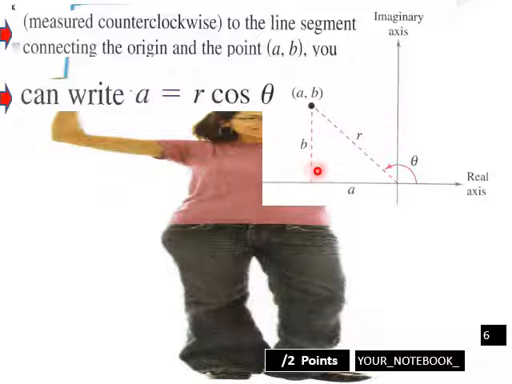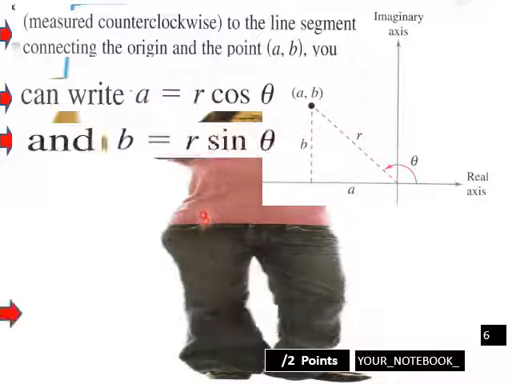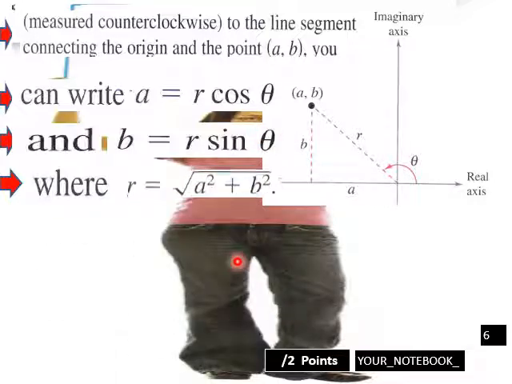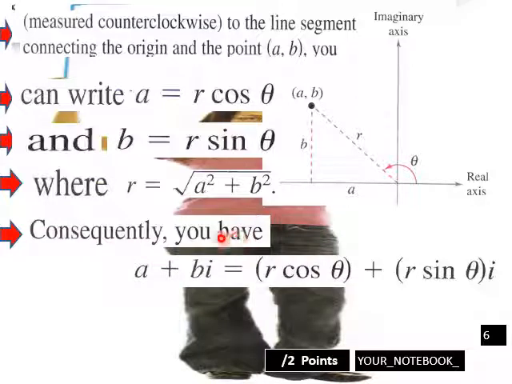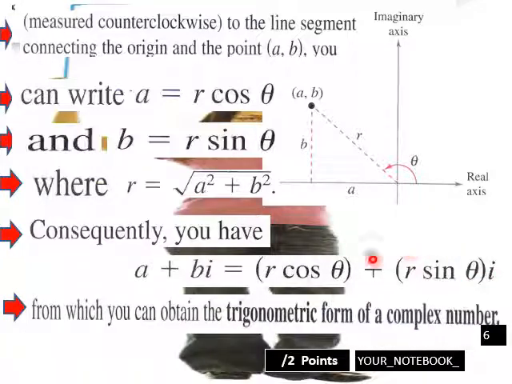So our a would equal r cosine theta, and b would equal r sine theta, where r equals radical a squared plus b squared. Consequently, you have a plus bi equals r cosine theta plus r sine theta i, from which you can obtain a trigonometric form of a complex number.